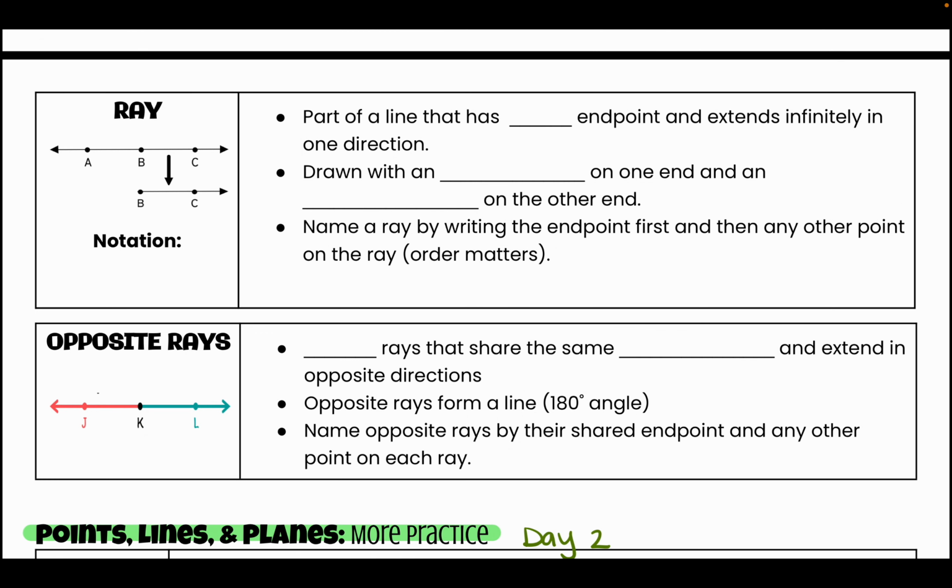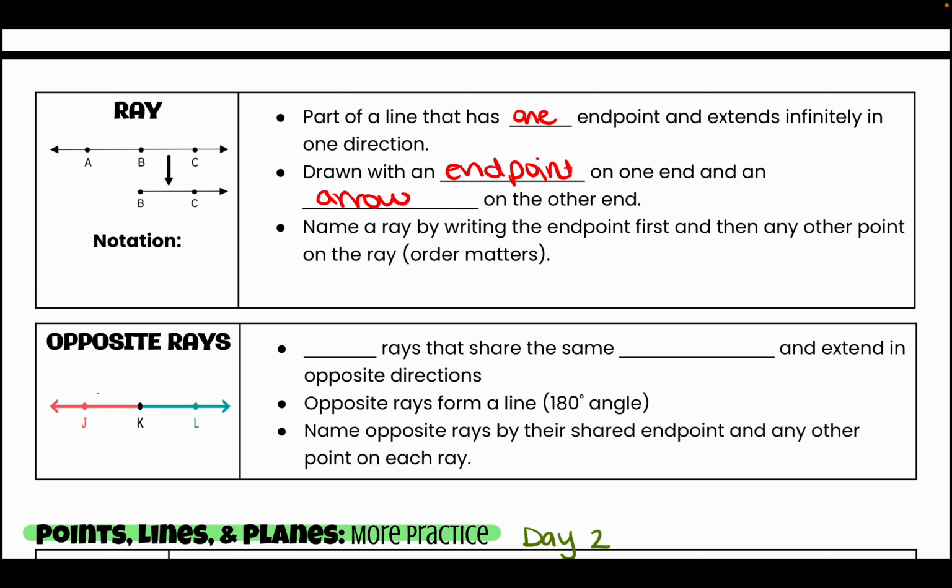So a ray is a part of a line that has 1 endpoint and extends infinitely in one direction. It is drawn with an endpoint on one end and an arrow on the other end. So we name a ray by writing the endpoint first and then any other point on that ray.